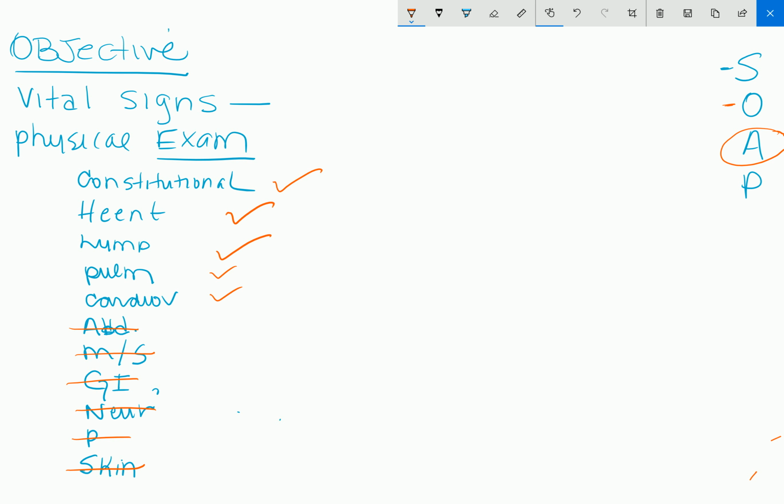But for right now, I thought this would be a good exercise for you to get a greater understanding of the S and the O. As we progress further along in the course, we're going to delve into the A and the P. But for right now, I want you to focus on the S and the O, so that this week when you're formulating these pieces in your case studies as a group, I want you to work together to come up with a really good subjective and objective assignment. All right?